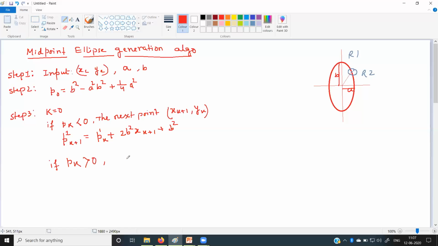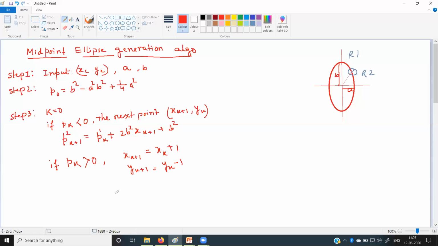The next point, that means the x value for the k plus 1th iteration, will be the x value at the kth iteration plus 1, and the y value for the k plus 1th iteration will be yk minus 1.